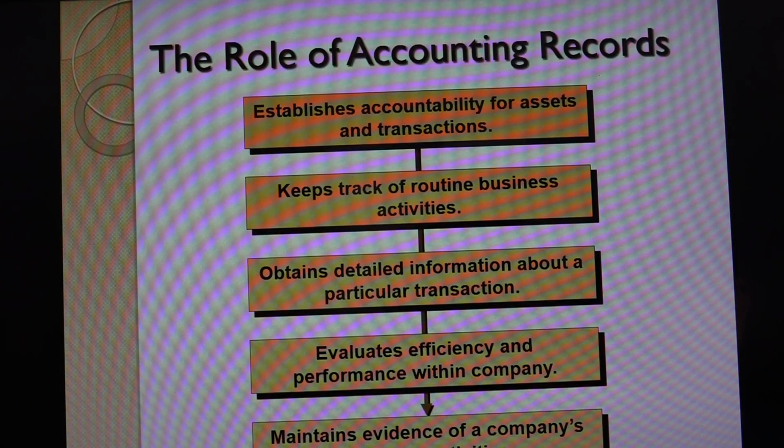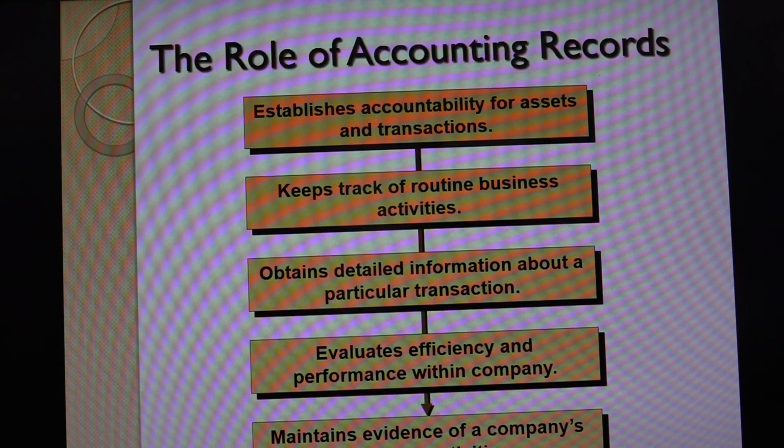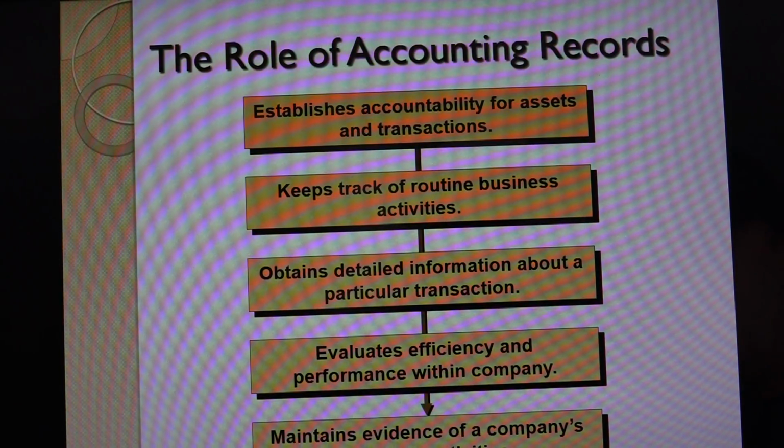The accounting records have in them detailed information about a particular transaction. Users are able to evaluate the efficiency and performance within a company, internal users as well. And these accounting records maintain evidence of a company's business activities.